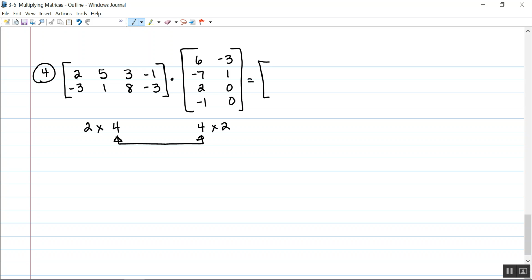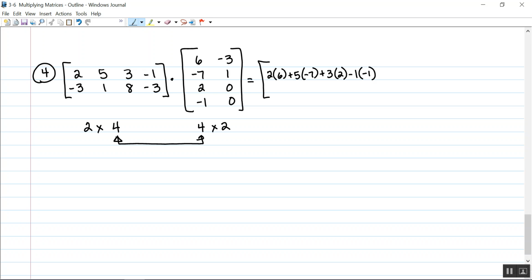So I need to go across the first row and down the first column. So 2 times 6 plus 5 times negative 7 plus 3 times 2 minus 1 times negative 1. And that's all going to be one number. I'm going to have to PEMDAS that and come up with one number that's going to be that first element in the product matrix.